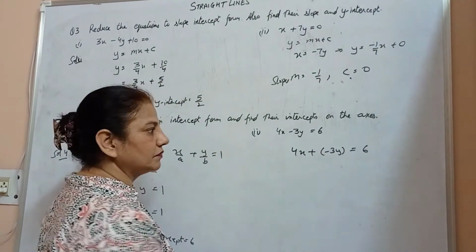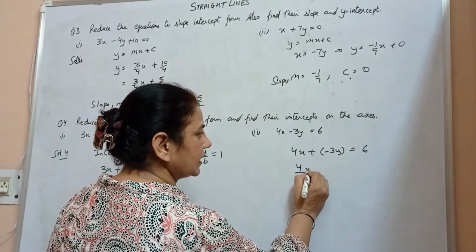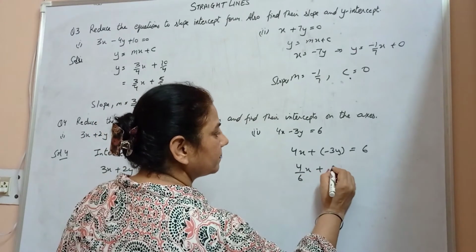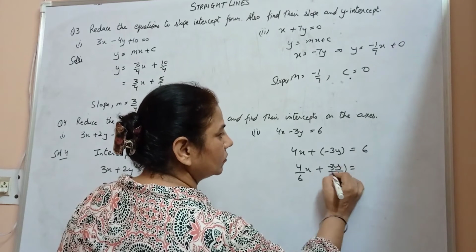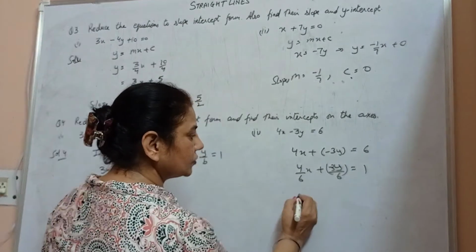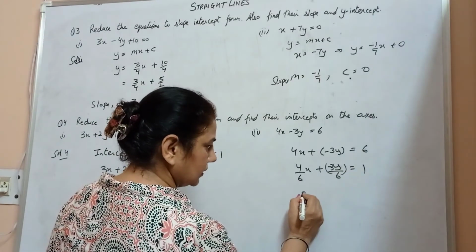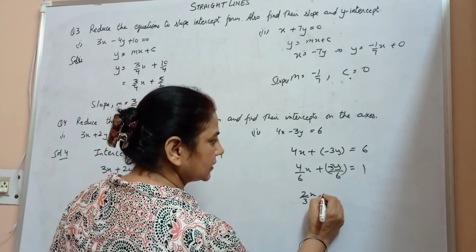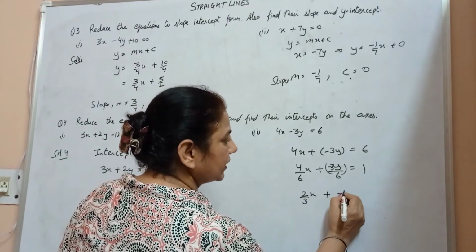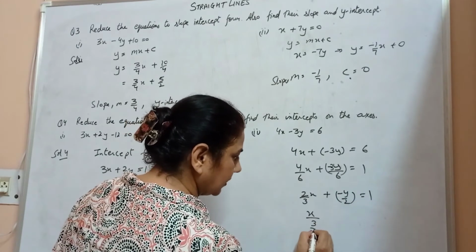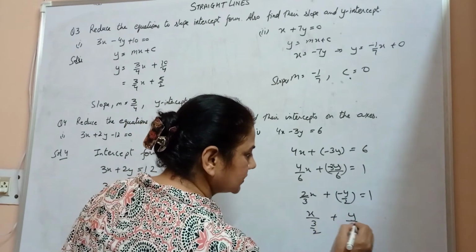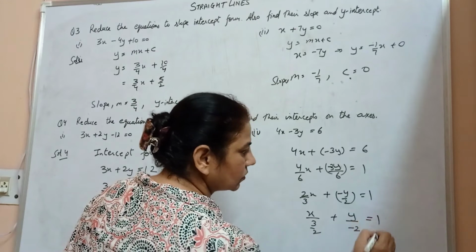Similarly, in this case also, we write it here as 4x plus minus 3y is equal to 6. Divide throughout by 6, we get 4 by 6 x plus minus 3 by 6 y is equal to 1. So here we have 2 by 3 x plus y by minus 2 is equal to 1, or x by 3 by 2 plus y by minus 2 is equal to 1.